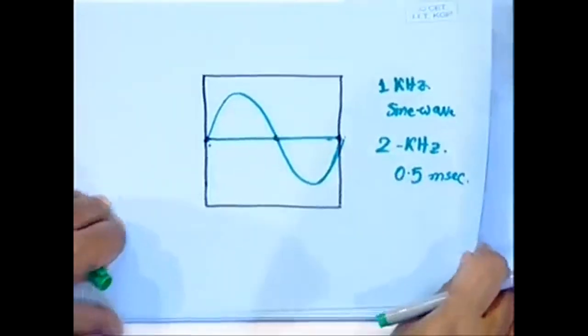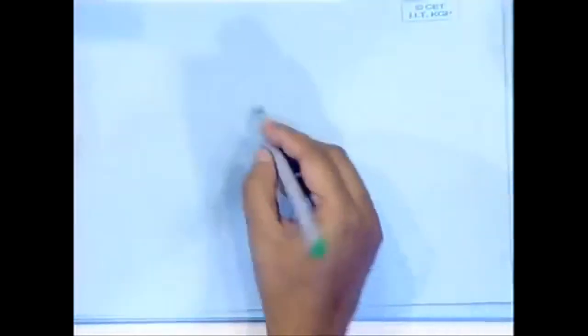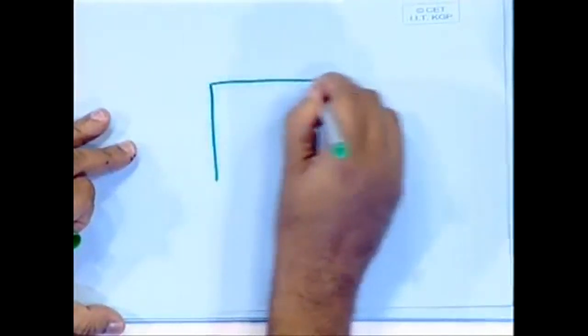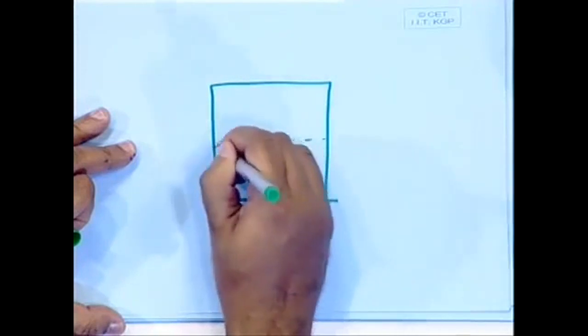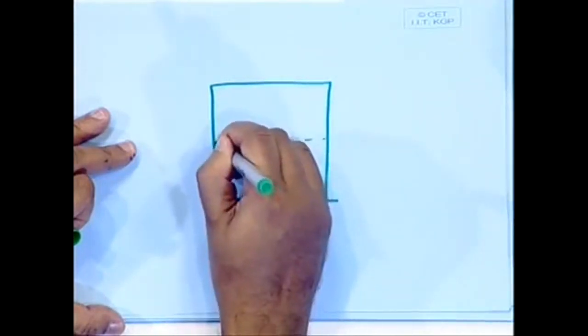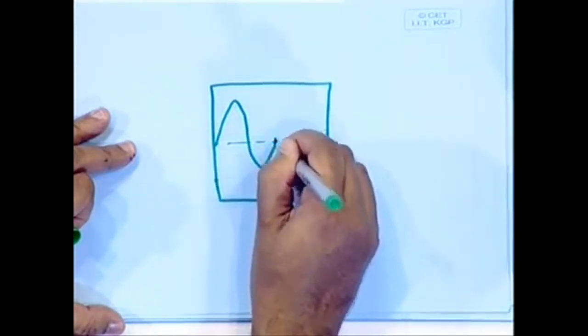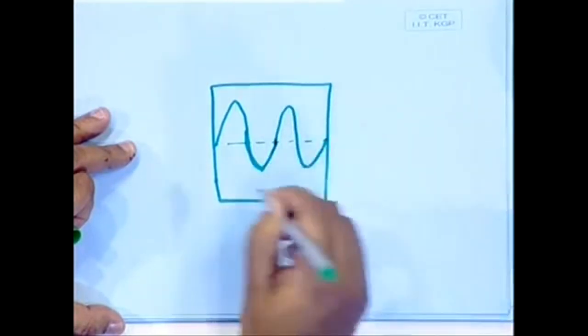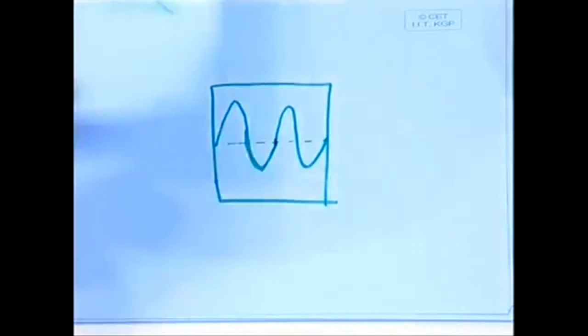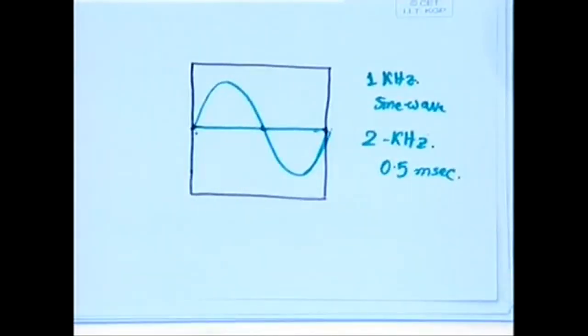So, it will now look like this: if I show the screen once again, this is the horizontal line, this is the middle. Within this there will be one cycle, and then again from here to here another cycle, so that 2 cycles will be there.